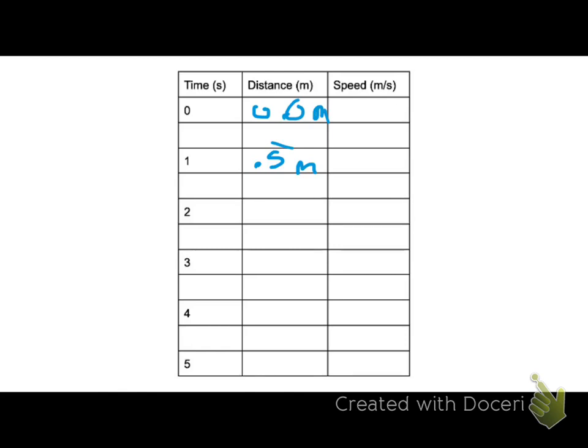Then between marks 2 and 3, so you were at half a meter at 1 second, and then you were at 2 meters by second number 2. I'm trying to remember what I did here. No, you were at 1.5. That's my bad.